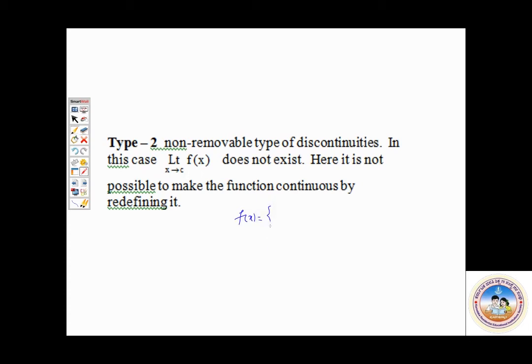I will consider x plus 2 when x is greater than 0. Here the limit does not exist. You cannot redefine here. Earlier, a small rearrangement you could make and redefine to make it continuous. Here you cannot make the function continuous by redefining. Such cases we call non-removable type of discontinuities.